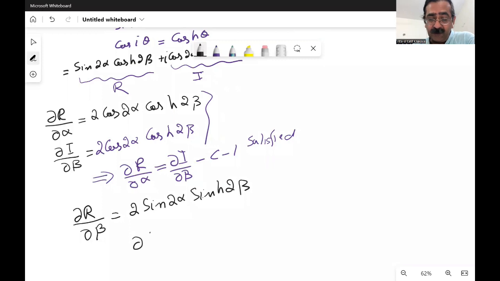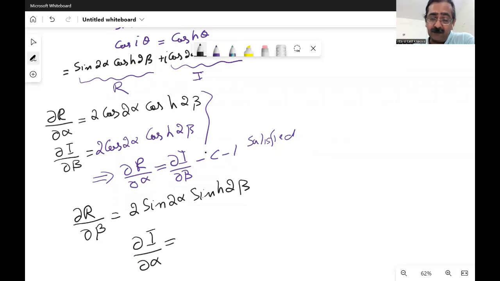But for partial I over partial alpha, we take the derivative with respect to alpha.